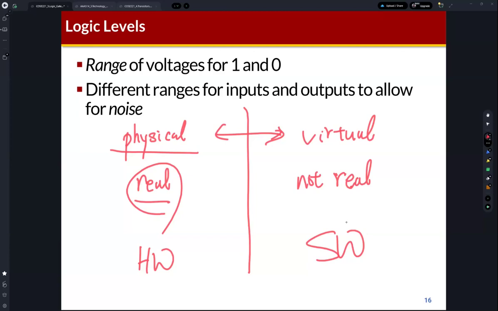So in this class, we will discuss the physical issues of digital systems. That means the real implementation issues, real device issues, or real device characteristics of digital systems.